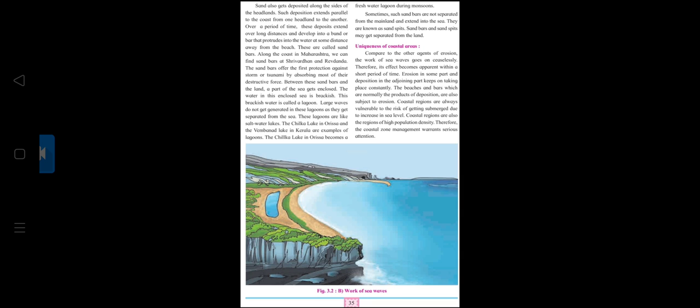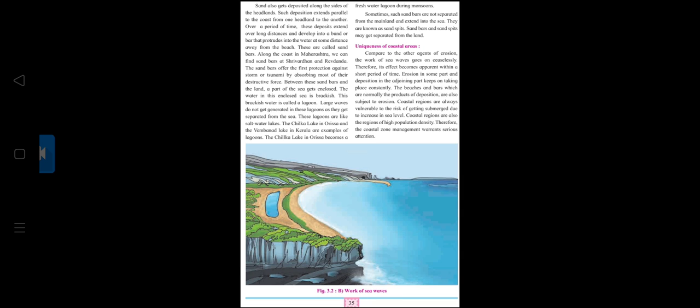Apparent means it becomes clear within a short period of time. Erosion in some part and deposition in the adjoining part keeps on taking place constantly, means simultaneously. It's constant. The beaches and bars, which are normally the products of deposition, are subject to erosion.